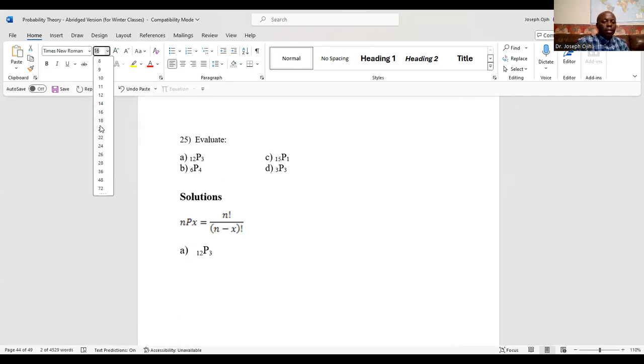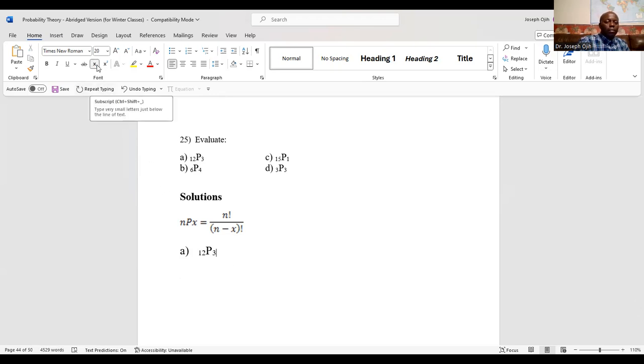So in this case, our n here is 12, and our x equals 3. So that 12 permutation 3 now becomes equal to.